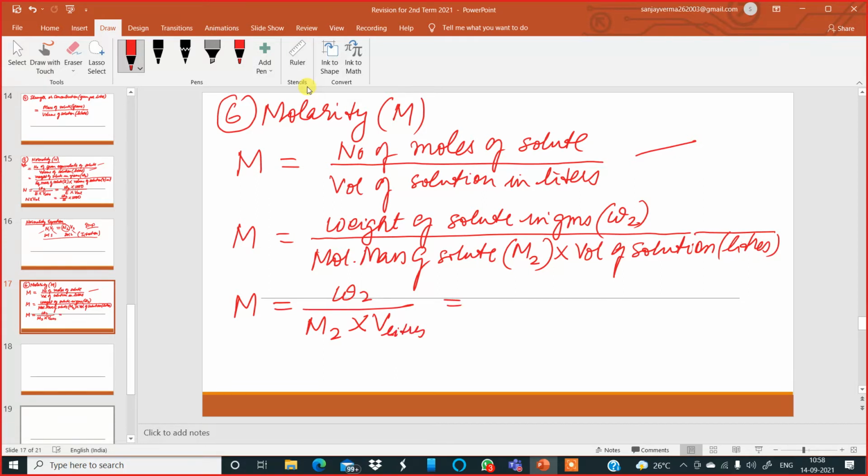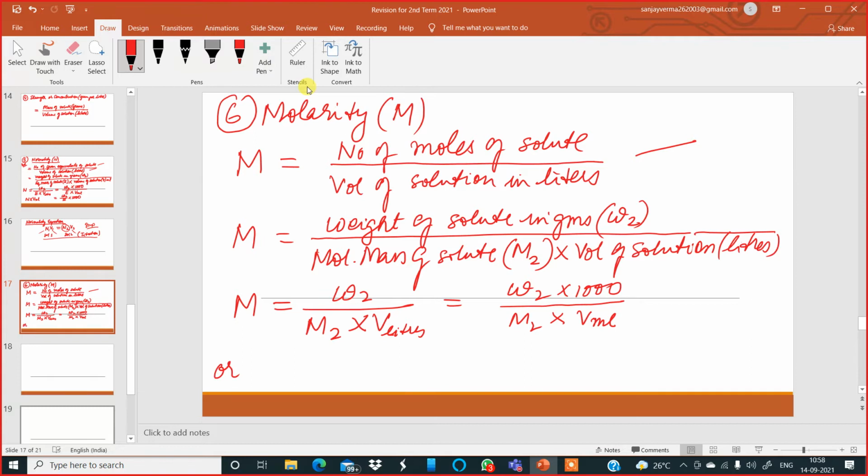This I can further convert into milliliters. To convert liters into milliliters, we divide by 1000. So we get the formula as W2 into 1000 divided by M2, the molecular mass of the solute, into volume of the solution in milliliters. So this is one form of the formula.